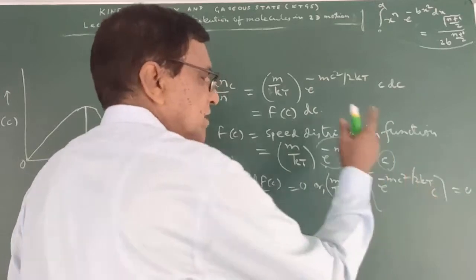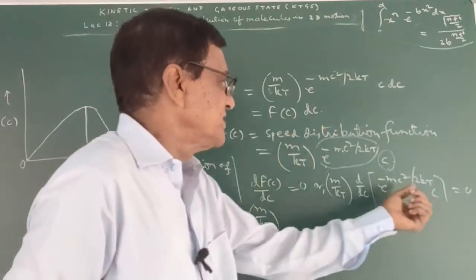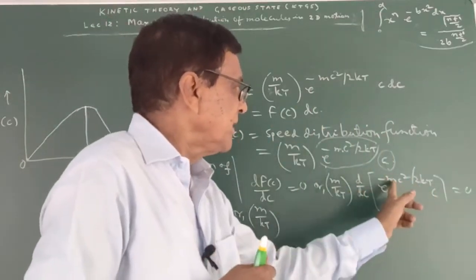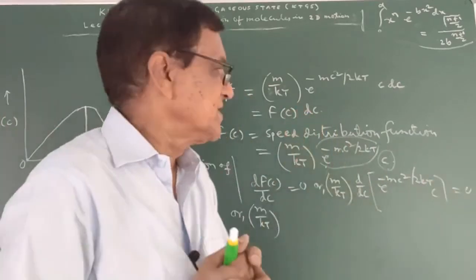This is the product of two variables, and it is differentiated with respect to C. m and kT are constants.